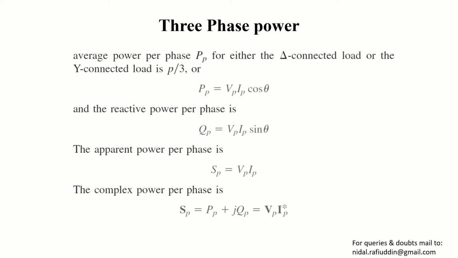So the average power consumed per phase is Pp, which is equal to P by 3, and small p is Vp Ip cos theta. So if you divide P by 3, you get Pp as the average power, Vp Ip cos theta, while the reactive power per phase is Qp, which is Vp Ip sin theta.